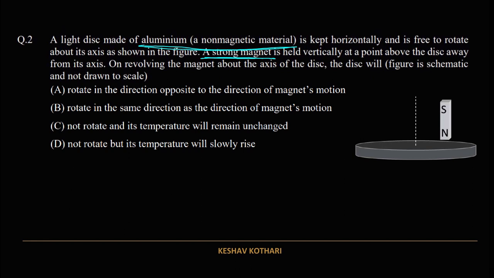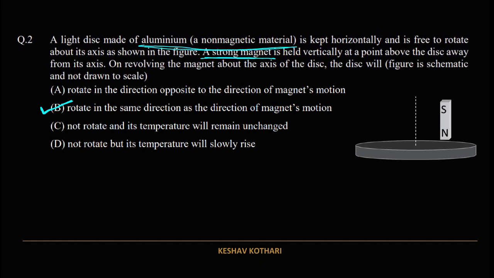With larger pipes and magnets, the effect is more dramatic. So in this problem, as the magnet revolves about the axis of the disc, the disc will rotate in the same direction as the direction of the magnet's motion.